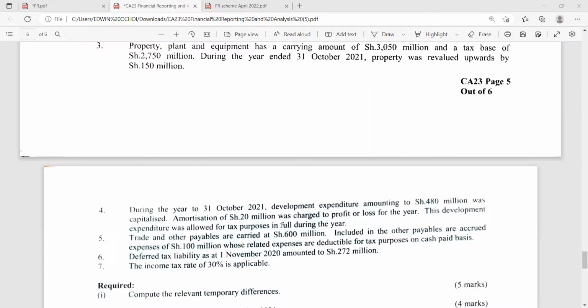Amortization of 20 was charged to profit or loss for the year. This development expenditure was allowed for tax purposes in full during the year.